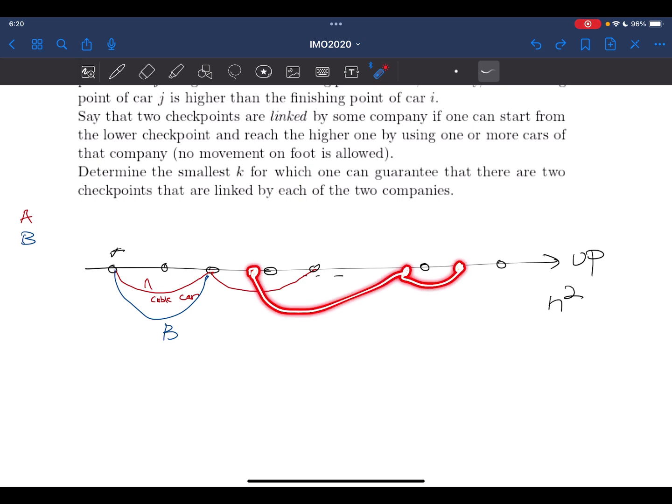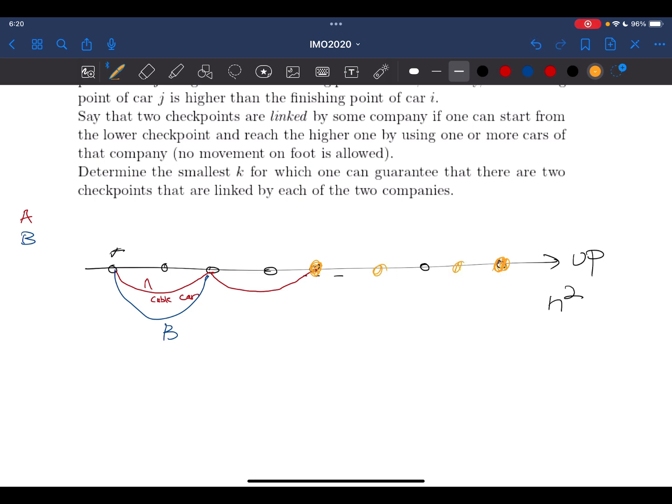Once you have a B link, and then you have an A link like this for these two checkpoints, then you are good, right? So let's say I have these two checkpoints here. Let me use the existing ones. I have these two checkpoints, and I can connect them using A.